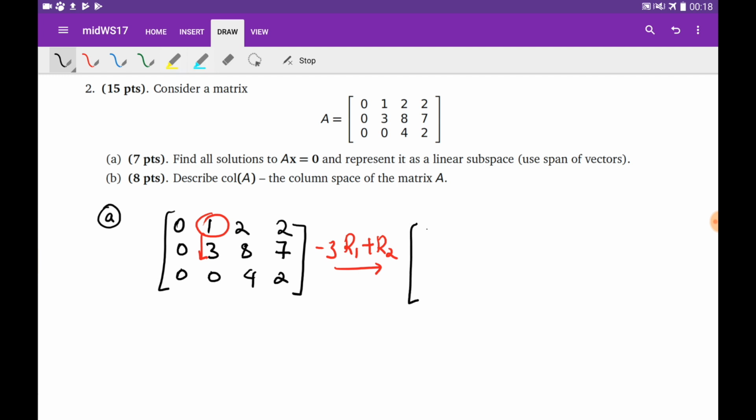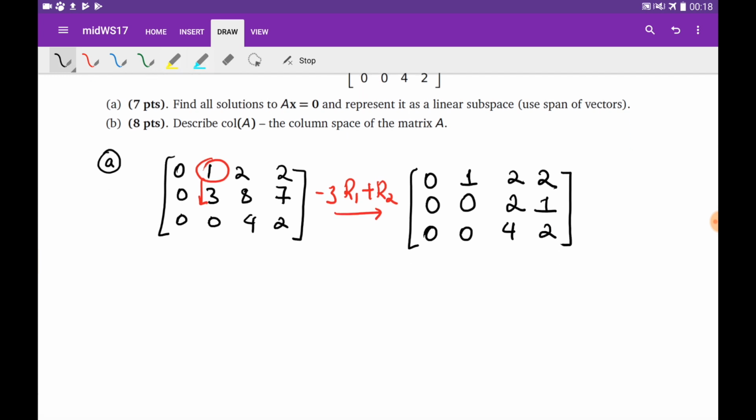And we're going to obtain 0, 1, 2, 2, 0, 0. So 2 multiplied by minus 3 is minus 6, plus 8 is 2. 2 multiplied by minus 3 is minus 6, plus 7 is 1. 0, 0, 4, and 2. So now we need to go to the next row.